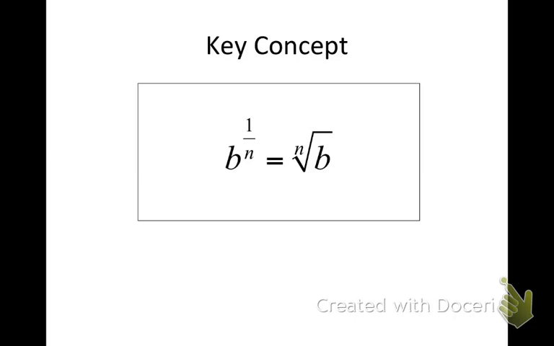The 1 technically is going to become the exponent on the outside. So it's just taking this whole thing to the first power. Whatever is in your denominator goes here.